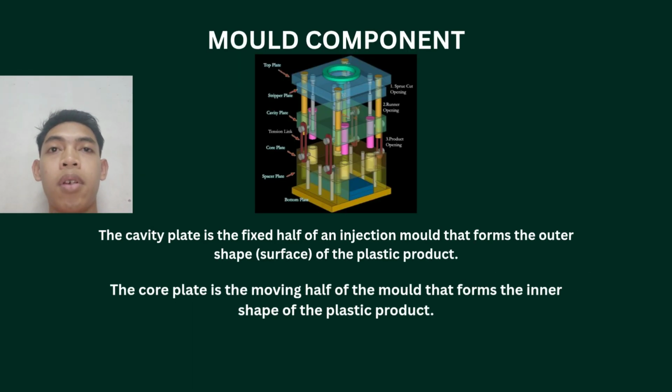Mold components. The cavity plate is the fixed half of the injection mold that forms the outer shape surface of the plastic product. The core plate is the moving half of the mold that forms the inner shape of the plastic product.